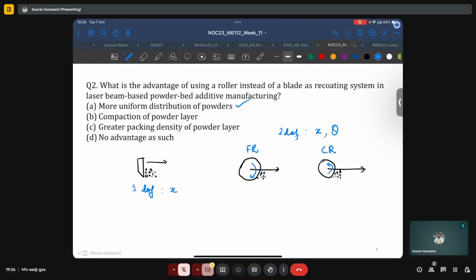Further, depending on the configuration, whether it is a forward rotation or a counter rotation type setup that we are using, they will also have individual advantages, such as a counter rotation setup improves the flowability of the powder particles, whereas a forward rotation improves the compaction of the powder bed and the packing density of the powder bed.